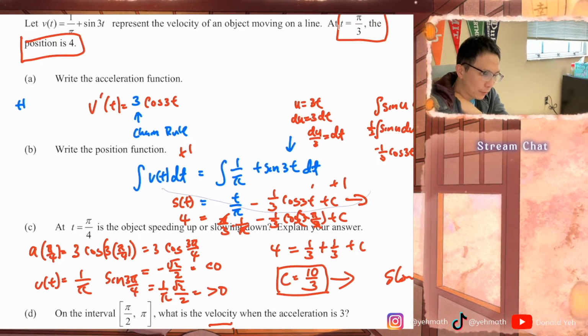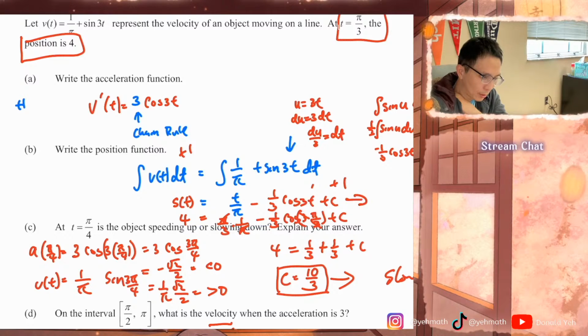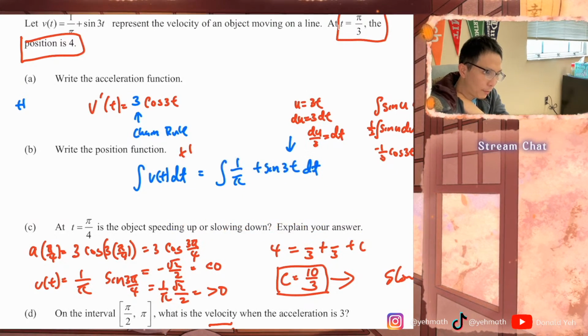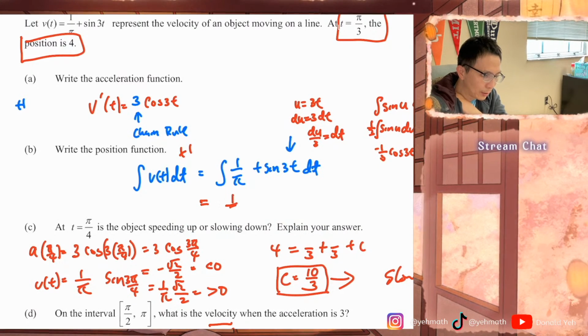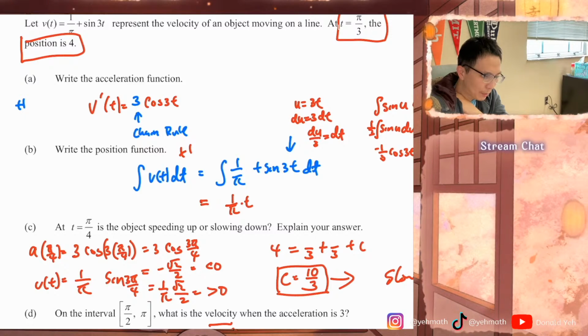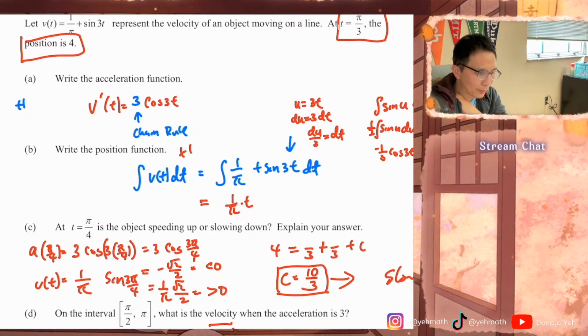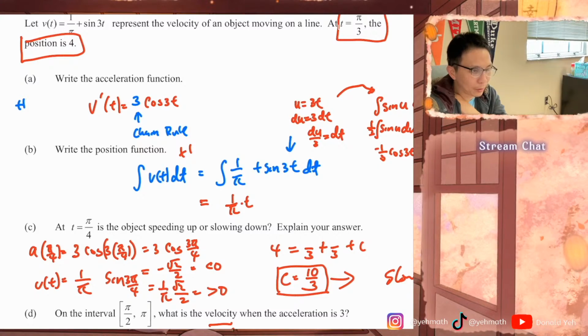So integration of that. Sorry, let me integrate. If I integrate that, that's going to be 1 over pi times t. Does that make sense? Yes. Okay. What's the integration of sine 3t? I did this on this side. I said u equals 3t, du equals 3 dt, du over 3 equals dt.